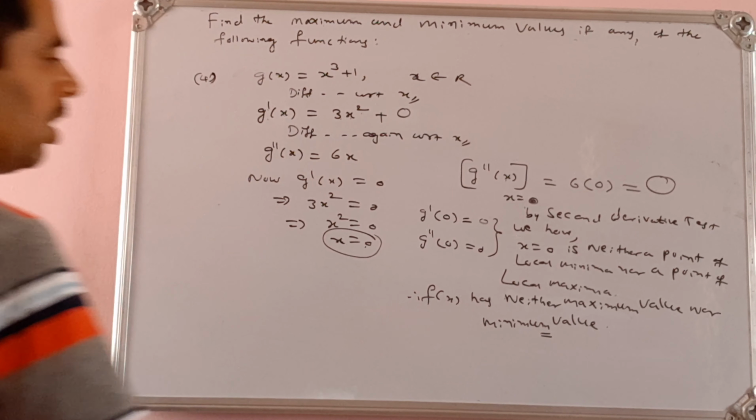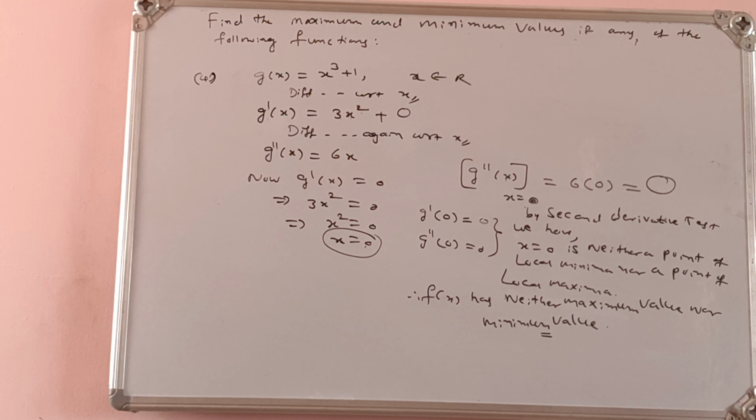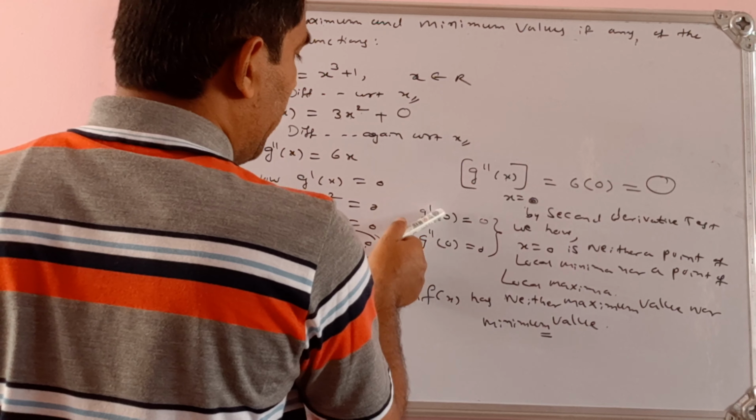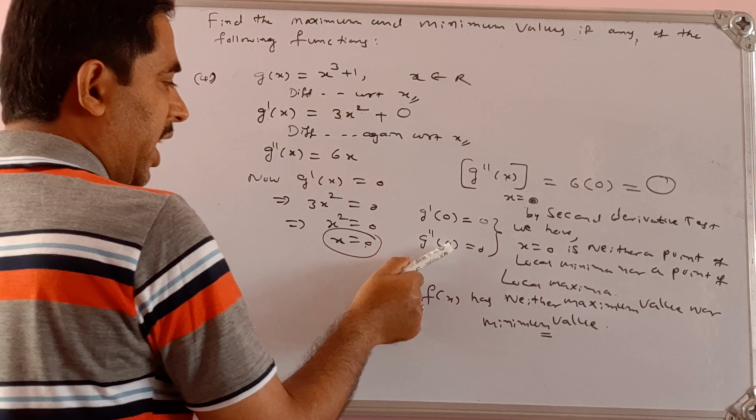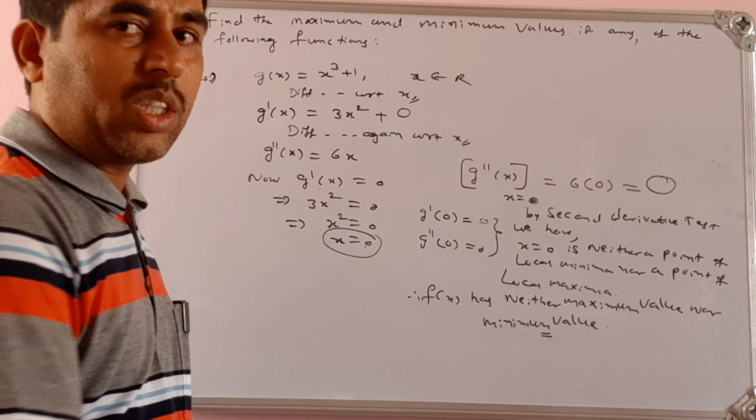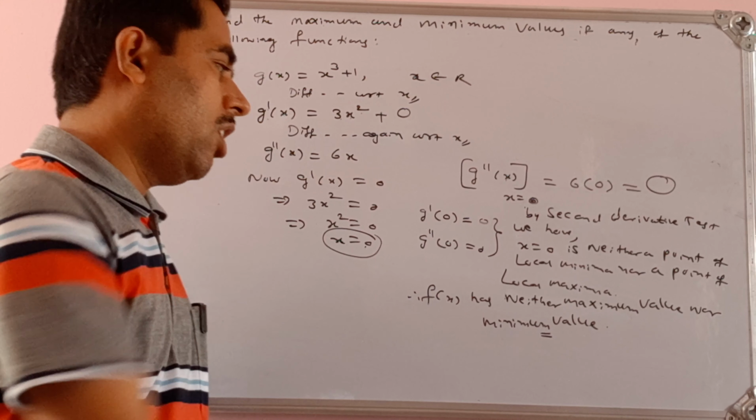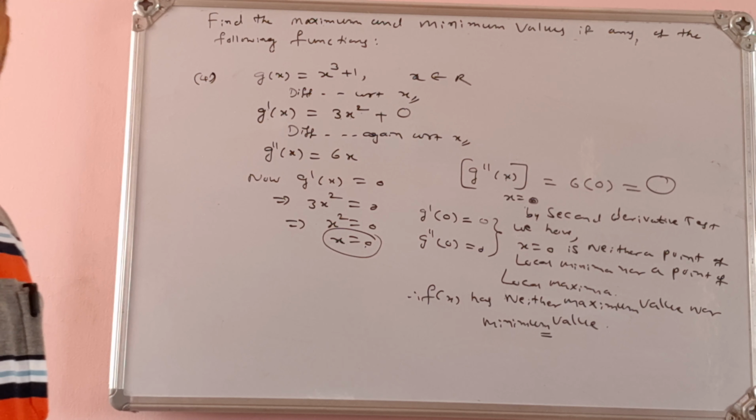This function has neither maximum value nor minimum value because the first order derivative at the critical point is 0, the second order derivative is also 0, then the second derivative test fails.